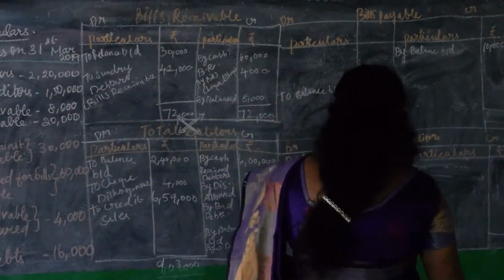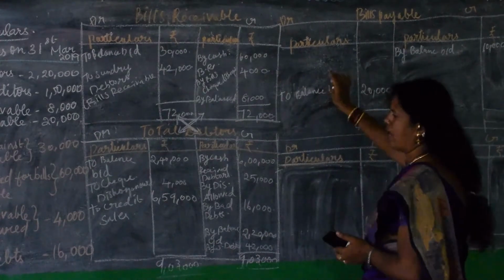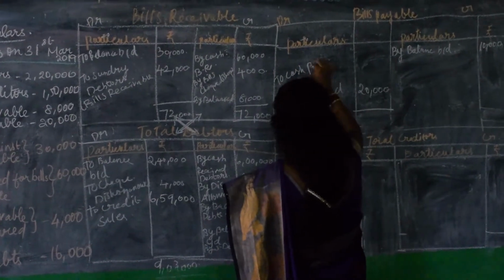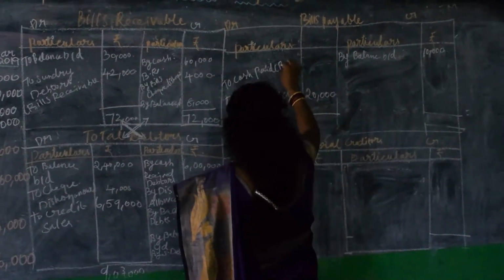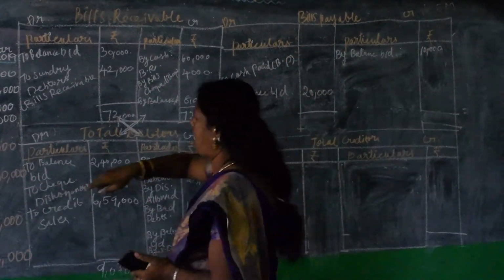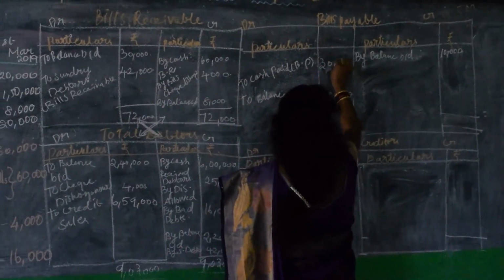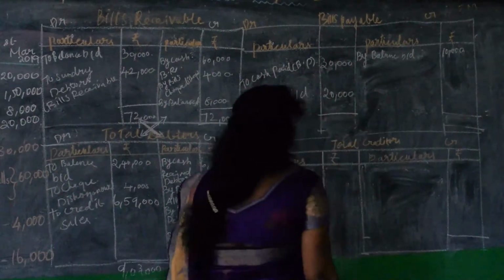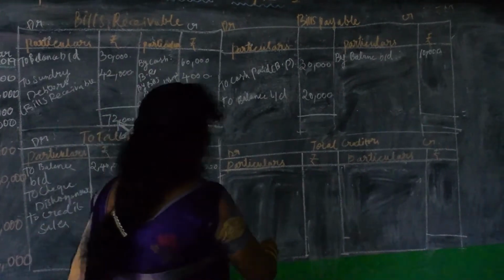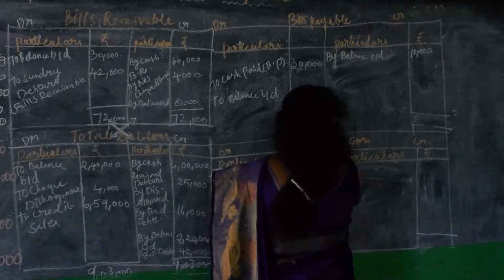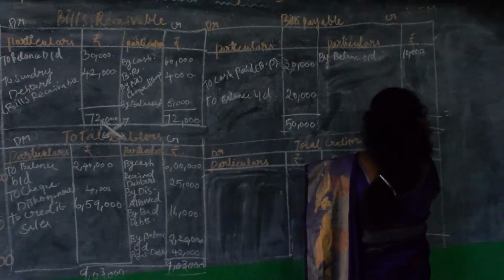I've told you in the closing balance only we have to write cash paid, written BP. That is bills payable. What is the amount? Bills payable is 30,000. Okay, 30,000. The difference is total this time 50,000. You get 50,000. Here also 50,000.